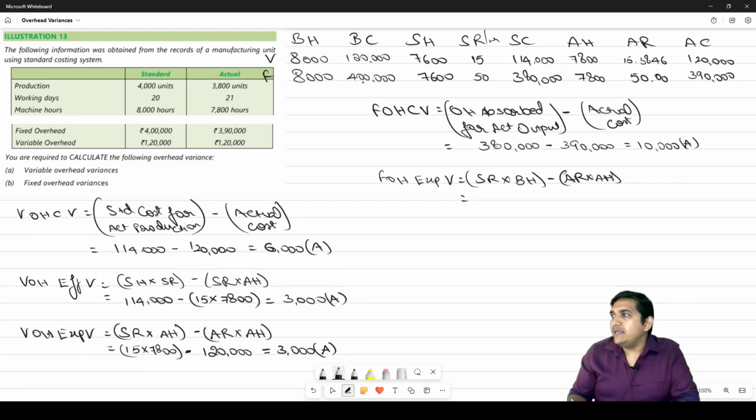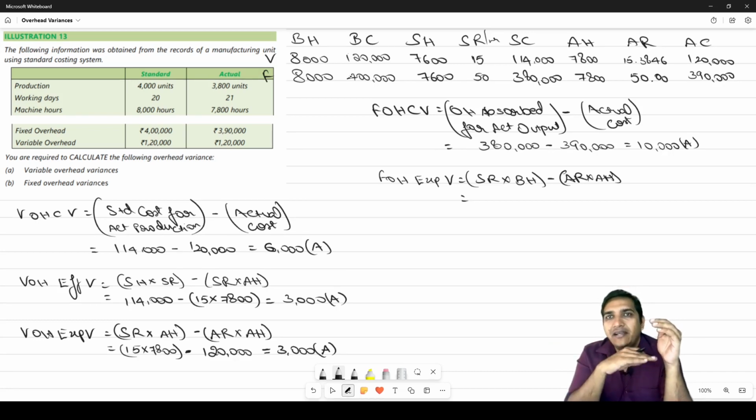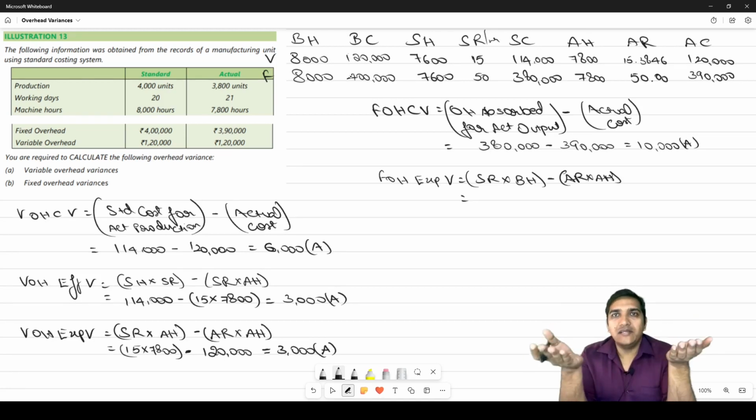How did we calculate our standard rate? We took our budgeted cost, which is 4 lakhs, then divided it by the budgeted hours, 8,000. Now, if you take my standard rate, which is 50, and multiply it with my budgeted hours of 8,000, you will get your budgeted cost.